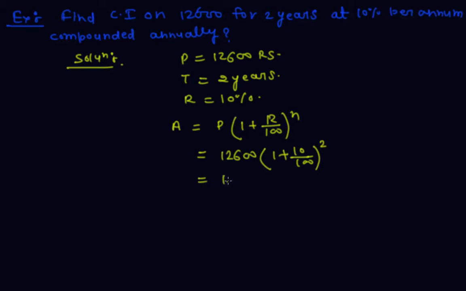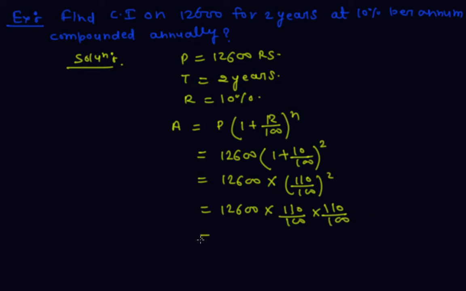Now if I take 12,600 into (110 by 100) square, which is equal to 12,600 into 110 by 100 into 110 by 100. Cancelling the zeros, this is equal to 14,246. This is the final amount to be paid by the bank.